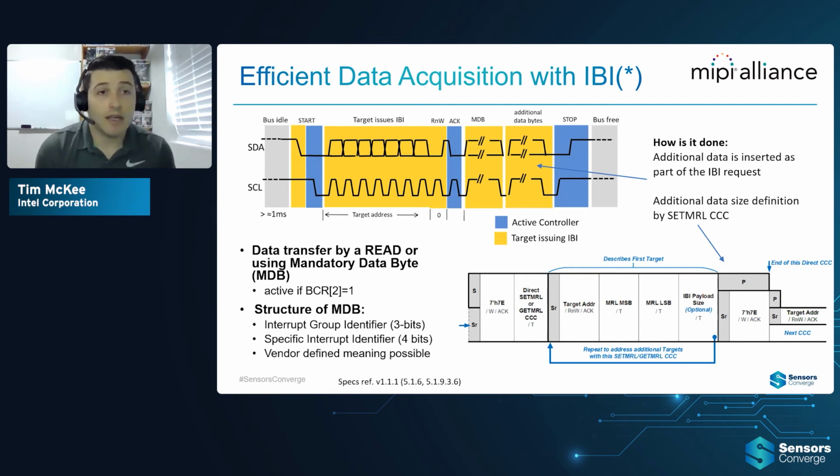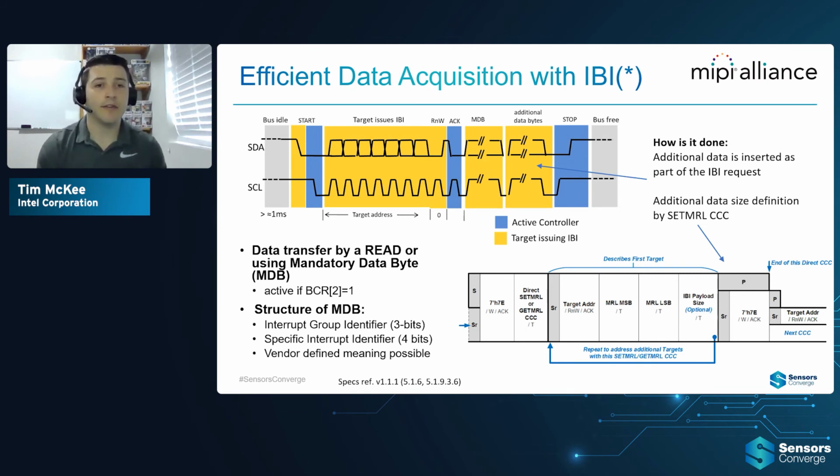So also, IBI creates an opportunity for efficient data acquisition. As you can see here, up on our left, we've got our data segment, and how it's done. Additional data is inserted as part of the IBI request. And so now with our new IBIs, there's additional data that can be sent. By using this additional data, now we can structure our different identifiers.